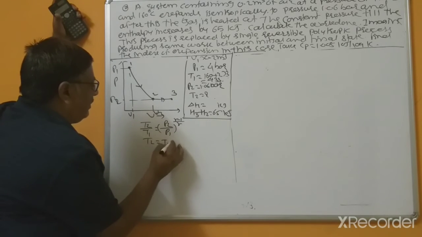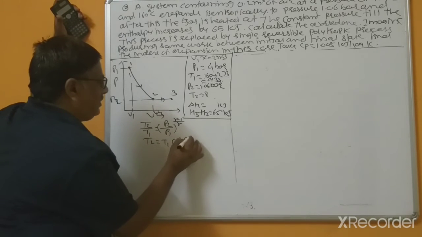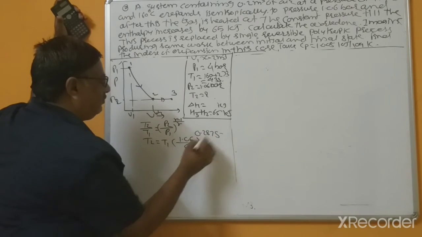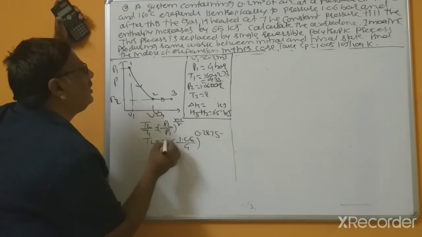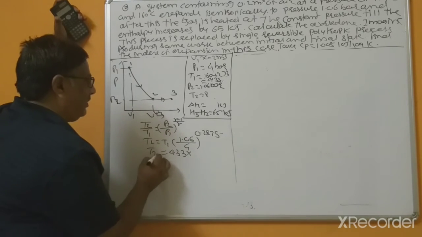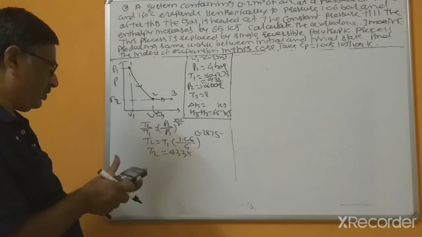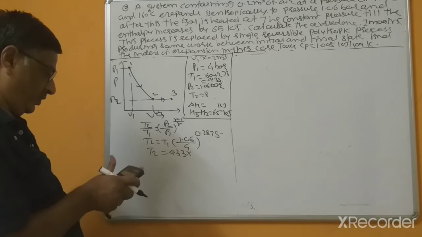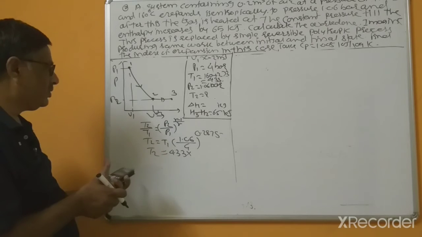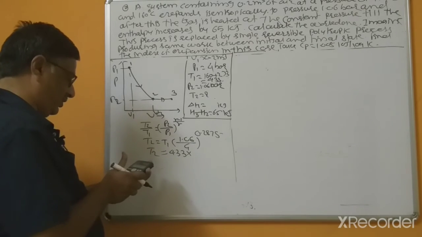First, T2 equal to T1 multiplied by P2 divided by P1, that is 1.06 divided by 4, raised to 0.2875, multiplied by 433.